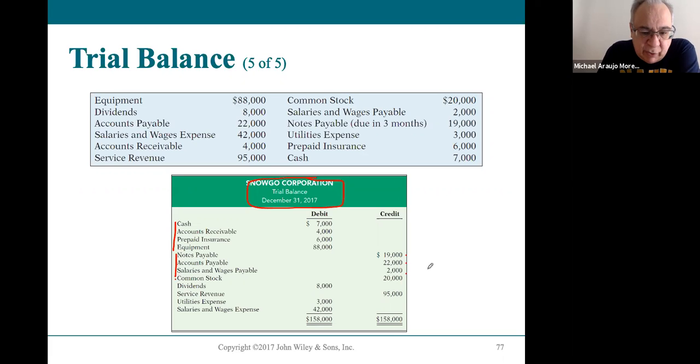Common stock with a credit balance. Dividends with a debit balance. Service revenue with a credit balance. And your expenses both have debit balances. So as you see, the total amount of debit balances in the accounts equals the total amount of credit balances in the accounts. And so you're balanced.